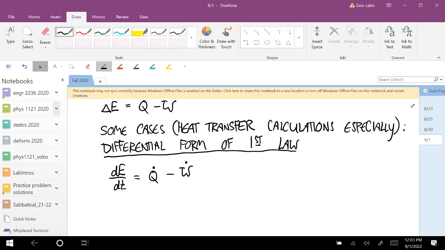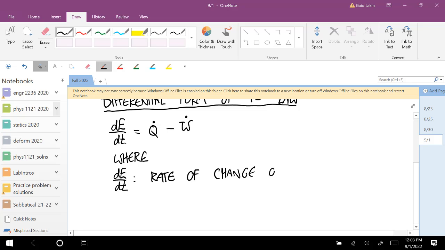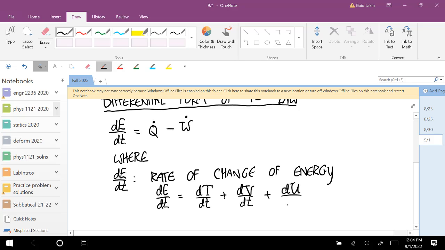They represent processes. dE dt is the rate of change of energy, and it's equal to the rate of change of kinetic energy plus the rate of change of potential energy plus the rate of change of internal energy, the one we're going to deal with the most by far.